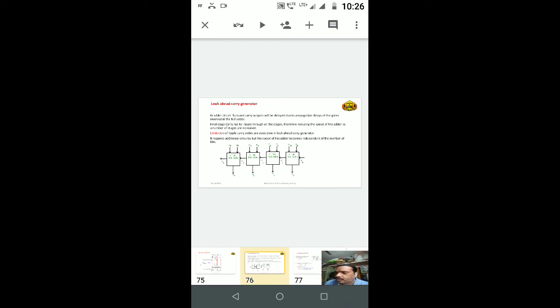In this slide you see the first point: in an adder circuit, sum and carry outputs will be delayed due to the propagation delay of the gates involved in the full adder. If you want to perform addition on 4-bit numbers, then you require 4 full adder circuits.